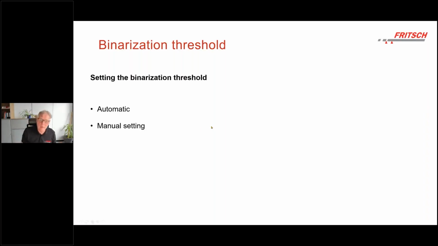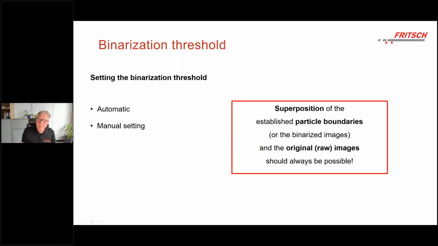But anyway, whatever you do, in my personal experience it is very important, super helpful, to have the possibility to see in the images where this threshold is located, so that you can decide if this is a reasonable position or if it doesn't make sense.